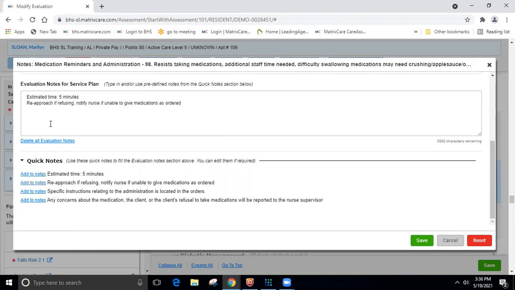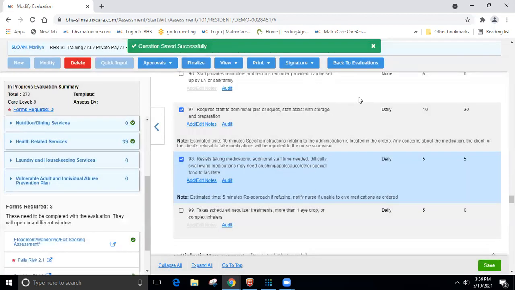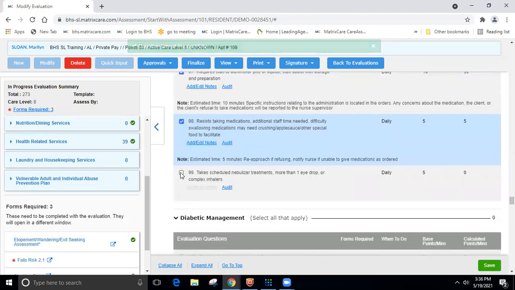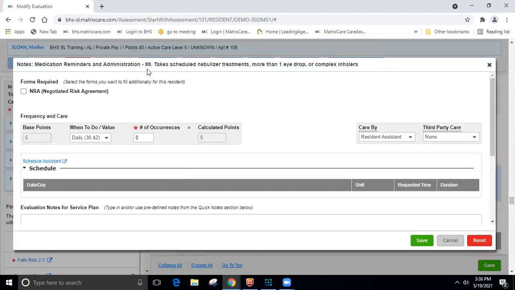You can put whatever in here that makes sense for your staff to read if they're very resistant. Probably more of a memory care type of situation. And then if they have complex meds, again, may not be at every med pass, but maybe just one med pass. We want to get a little extra time or points for that.